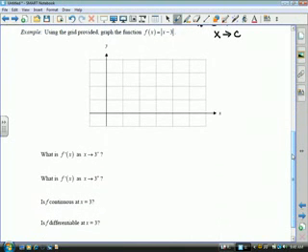So here's the first thing I want to look at, and this could be an example on the homework. They might say f of x is absolute value of x minus 3. Find f prime of 3 if possible.